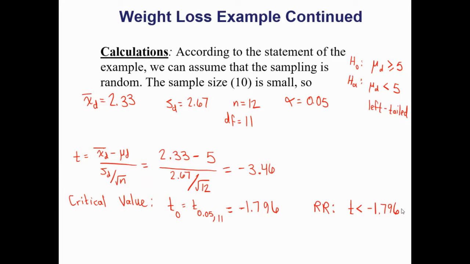It's negative 3.46. How does that compare to our rejection region? It's in the region, so we reject. So we reject H naught. Is this the conclusion? Yep, now we're going to the conclusion. That's right. Since T is in the rejection region.